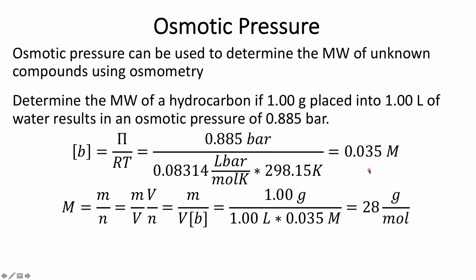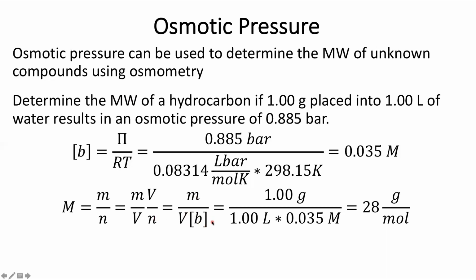Now, what I can do is make use of the fact that I'm trying to determine the molecular weight, which is just the mass over the number of moles. Well, let's go ahead and rearrange this a little bit. I can express this as the mass over volume times the volume over the number of moles. Well, I have the mass and the volume, and the volume over the number of moles is the same thing as 1 over the molarity.